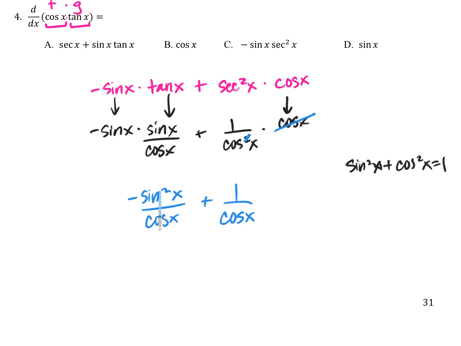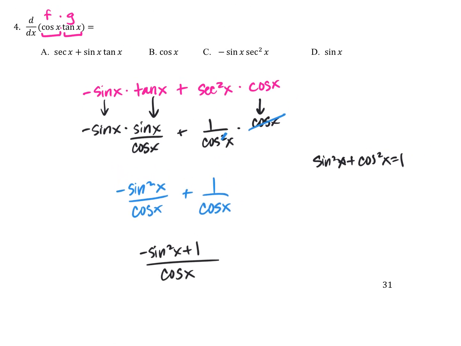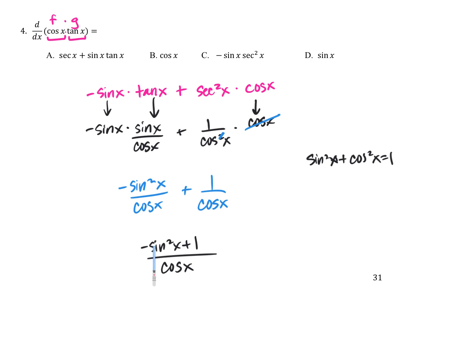So can we add these up? Yeah, let's put those together. He's saying negative sine squared plus 1 over cosine. That looks familiar, and he is right. In order to get negative sine squared, wouldn't I bring this over there? Yeah. And so 1 minus sine squared, or negative sine squared plus 1, would equal cosine squared.